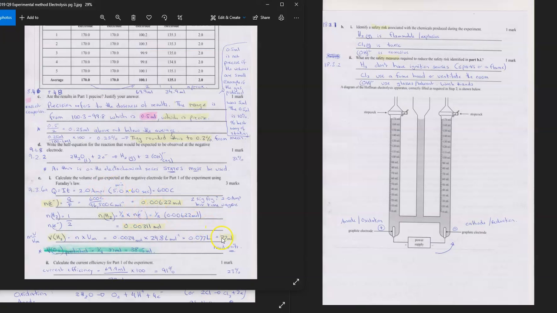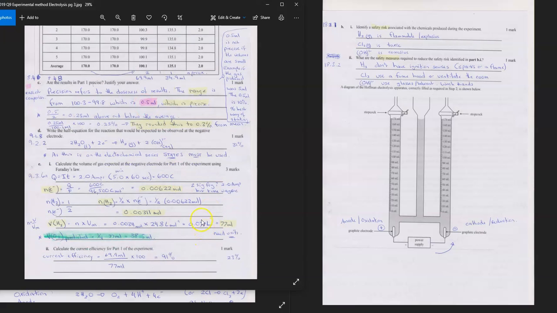Okay, so the percent efficiency is looking at how many mils of hydrogen you actually made. The percent efficiency is basically this number divided by the predicted, to work out that you'd make 91%. It's 91% efficient.